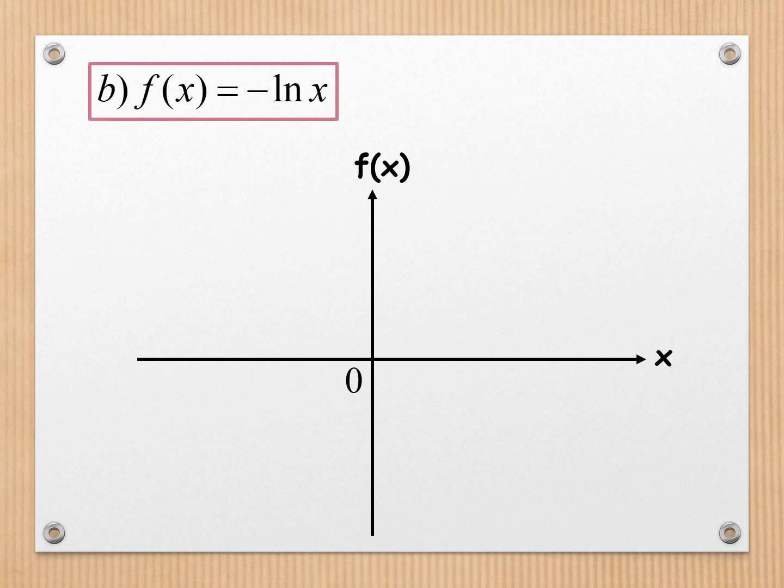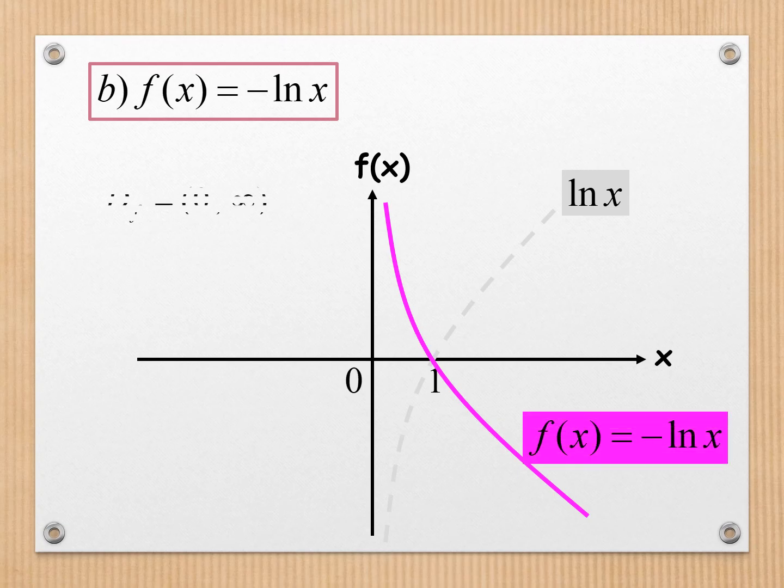So alternatively, we can draw ln x, similar to the graph in equation A, and then, since the negative is in front, the logarithm is moving down, so the graph will be like this, the pink curve. The domain of this function is 0 to infinity, and the range of this function is negative infinity to infinity.